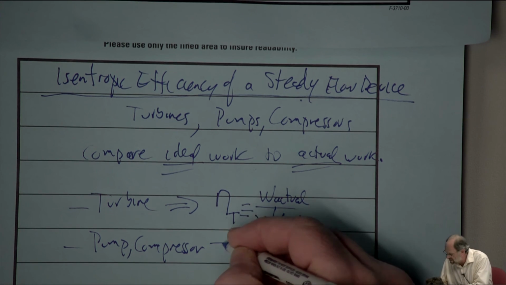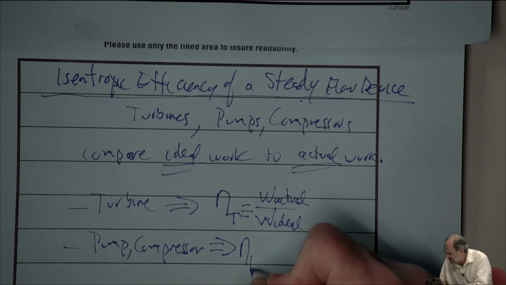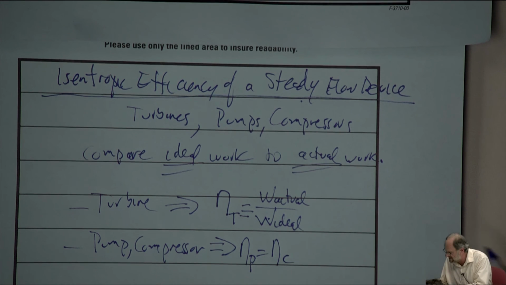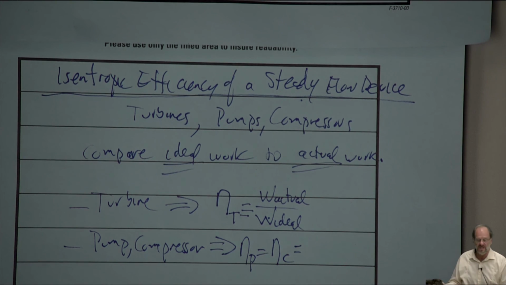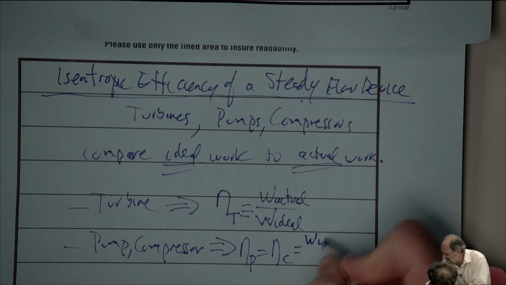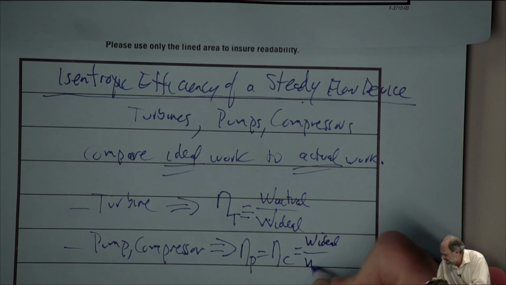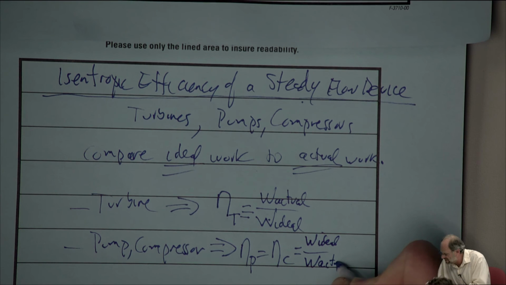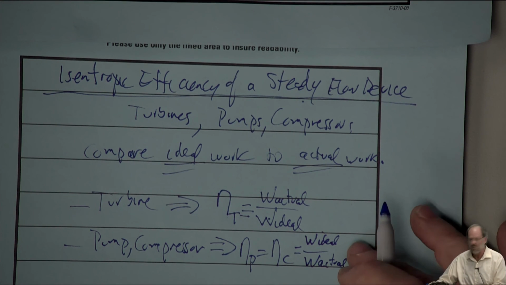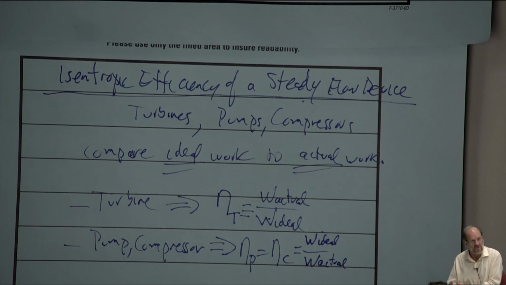On the other hand, with regard to a pump or a compressor, first of all, I could just use eta with the subscript P for pump, C for compressor. But now we know that nothing will require less work input. And for our efficiency to be a number that's no greater than 100%, we have to define it in the opposite sense. We need to put the ideal work over the actual work. The ideal work would represent the minimum possible work that could be required.